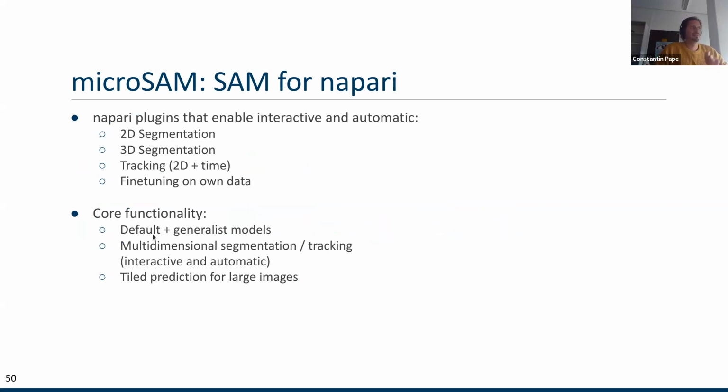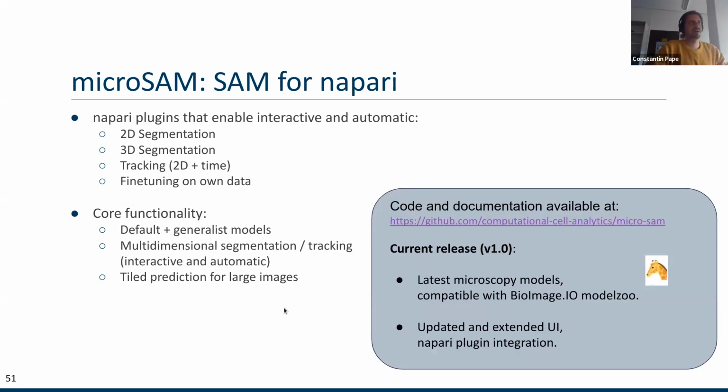It supports both the default and our fine-tuned models, also custom models from users, multidimensional segmentation and tracking, and tiled predictions for large images. All of this is open source and available. The models are now also on bioimage.io.